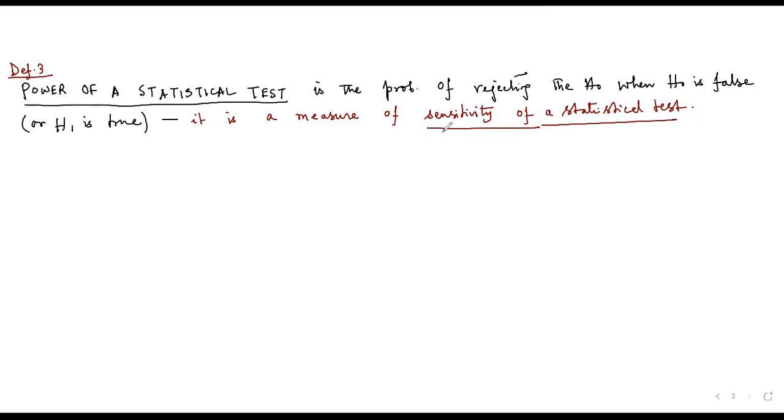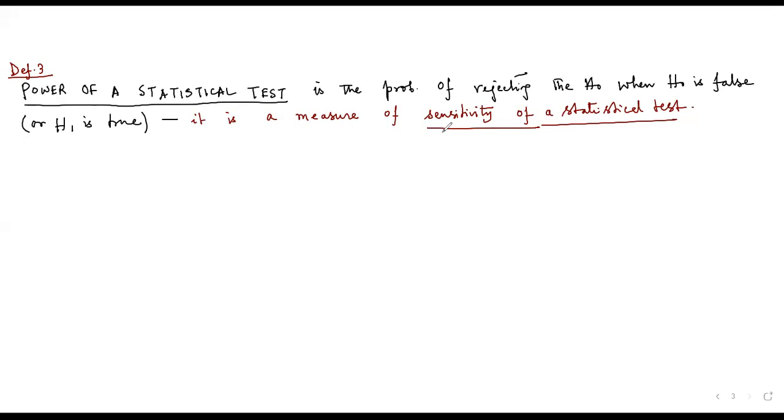What you are doing is that on the basis of the sample, you are going to accept or reject your null hypothesis. You have rejected your null hypothesis. Then you have studied the population and tried to get information from various sources, and you have found that you rejected a null hypothesis which was actually true.